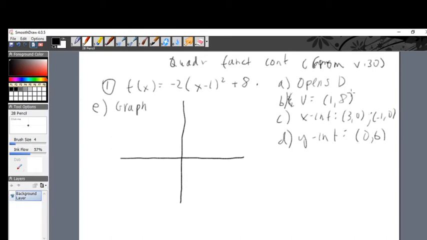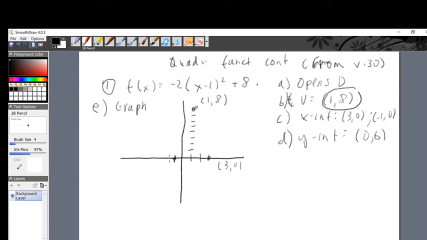We already know the vertex is 1 comma 8, so you move over 1 and go up 1, 2, 3, 4, 5, 6, 7, 8. Here's 1 comma 8. One of the x-intercepts is 3 comma 0, and the other one is -1 comma 0.